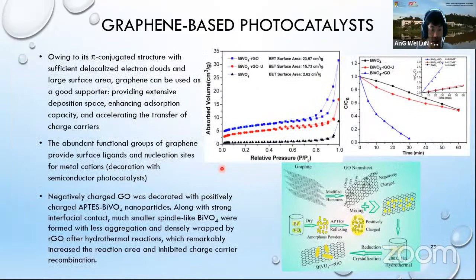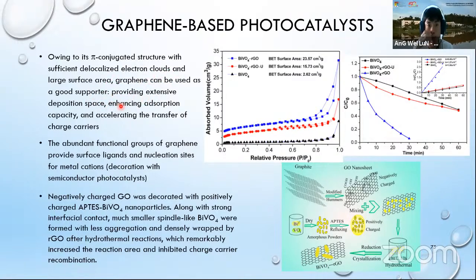So here is an example showing the graphene-based photocatalyst. Because of the pi conjugated structures of the graphene materials, so sufficient delocalized electron clouds and the large surface area, the graphene can be used as a good supporter, provide extensive deposition space.